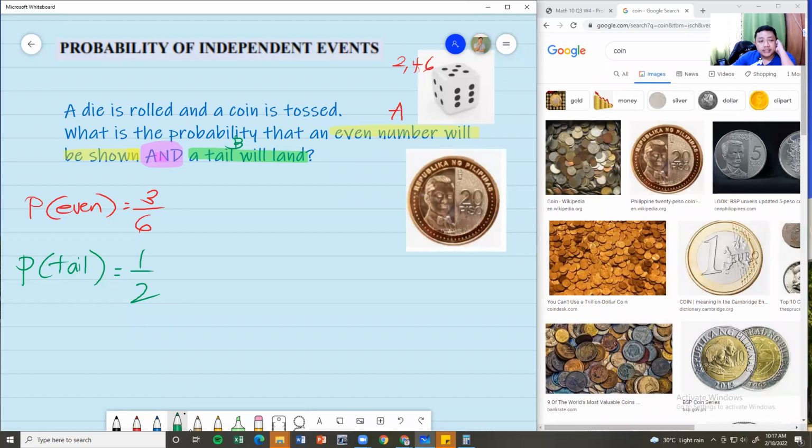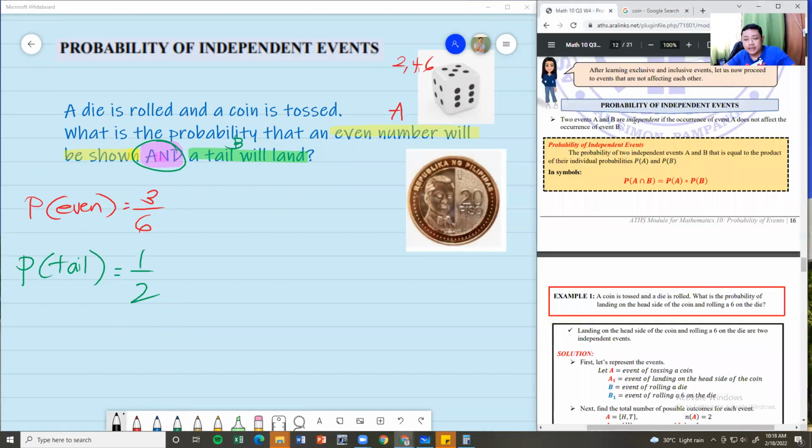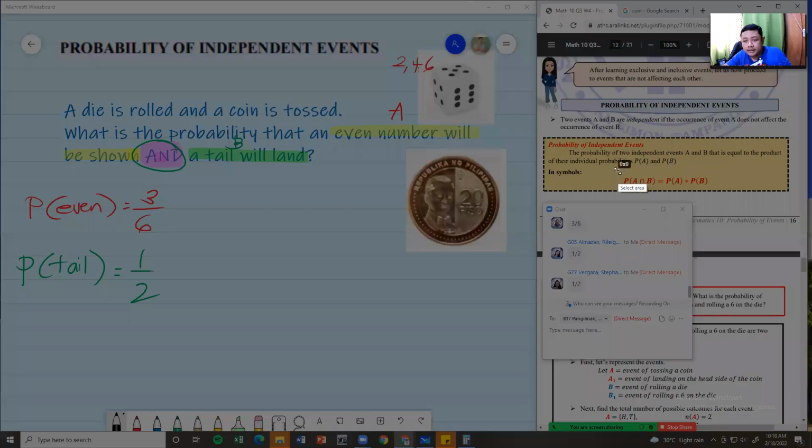And so, since we are dealing with "and", sabay silang lalabas, wala tayong choice. So, just like FPC, we need to multiply the events. So that becomes the probability of, this will be our formula. This is actually the intersection.